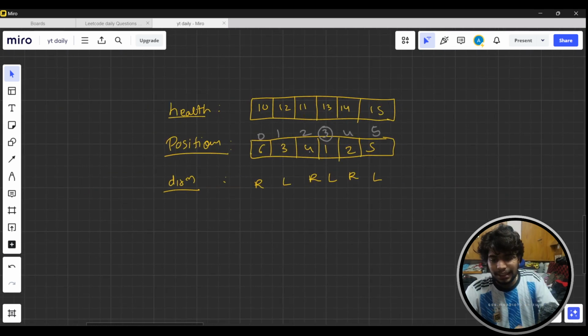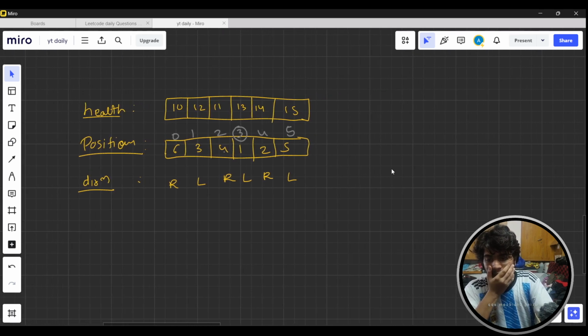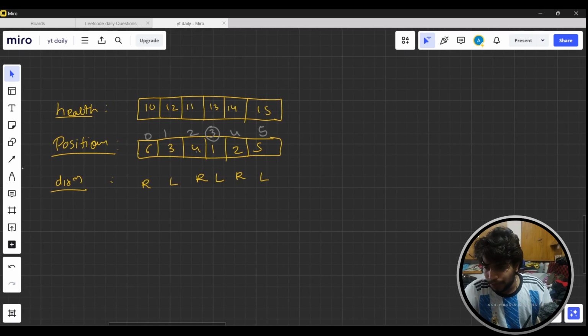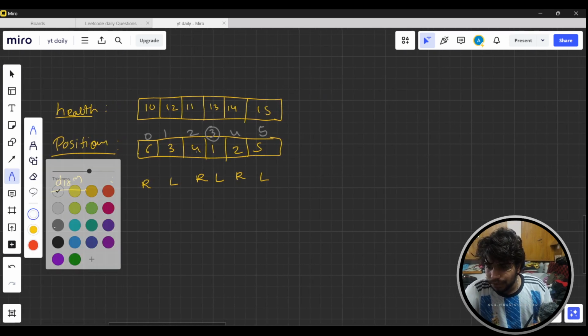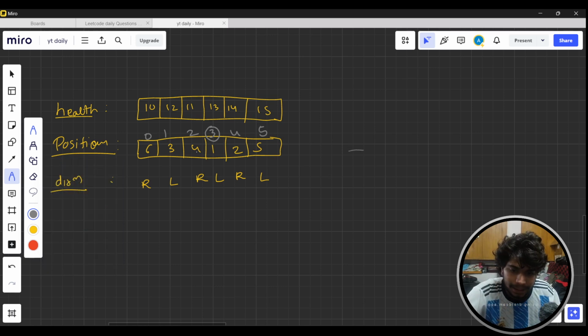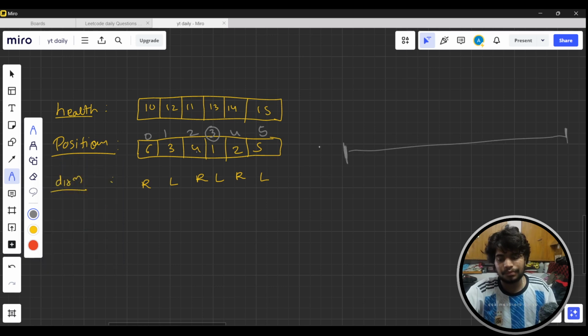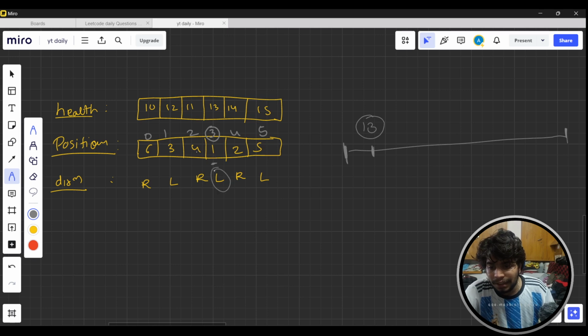What I can see here is there will be six robots. So for sure I can create a line which will have six robots. Okay, so the first robot is this, and the health of this robot is 13 and it is moving in the left direction.